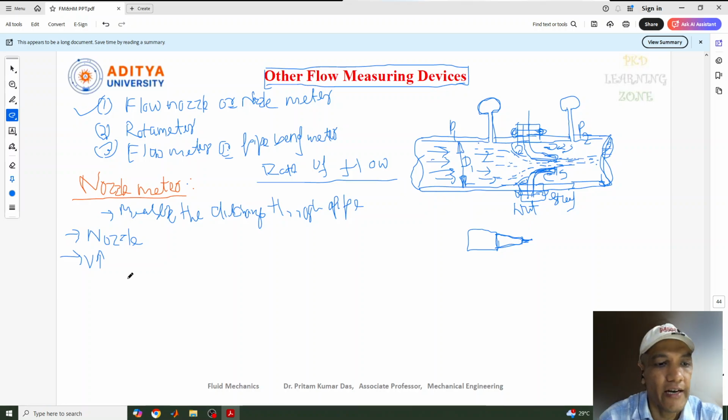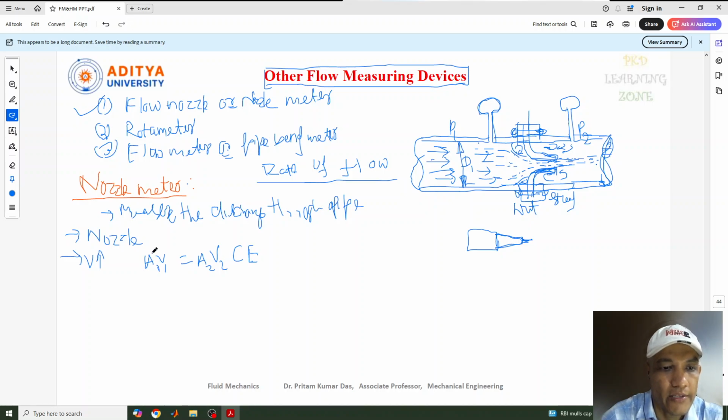Already we have discussed the continuity equation, that is nothing but A1 V1 equal to A2 V2, or AV equal to constant. So velocity is dependent on the area. Now here the area is reduced, so the velocity is going to be increased. That is one concept. This is based on the continuity equation. I hope you understand.